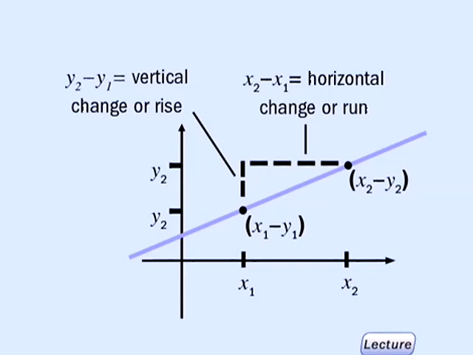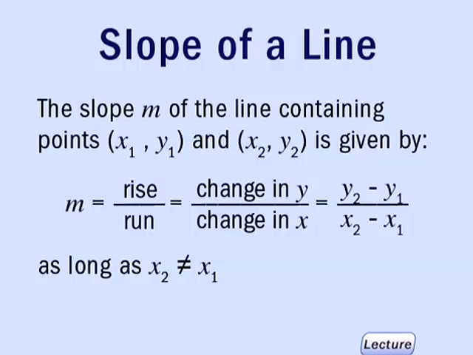The horizontal change, sometimes called the run, can be found by the difference in the x values, x sub 2 minus x sub 1. So that's how we find the slope of the line containing the points x sub 1, y sub 1, and x sub 2, y sub 2. Now we use m to denote slope.